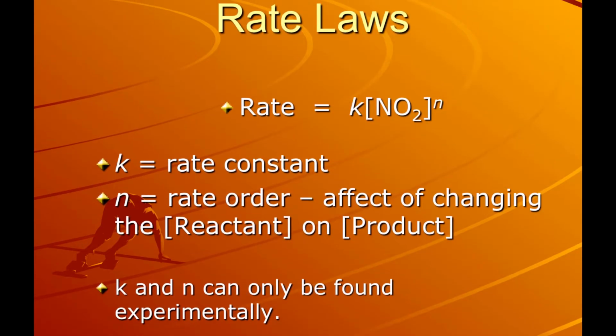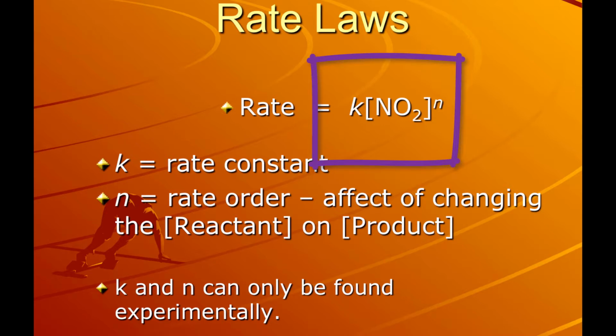Mathematically, we can write a rate law. Rate laws always start with rate is equal to K, which is just a constant, and that constant stays the same unless you change the temperature, times the concentration of the reactants. If you have 4 reactants, you'd write down 4 things up here. In our equation, we only have 1 reactant, so I'll only put 1 of them.